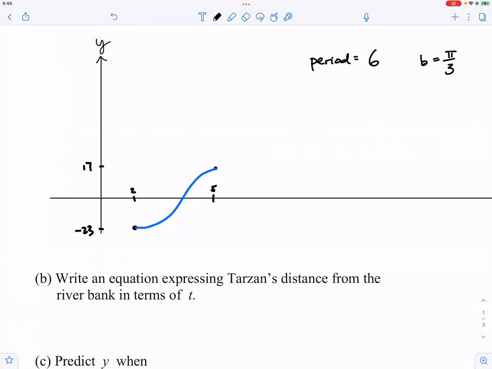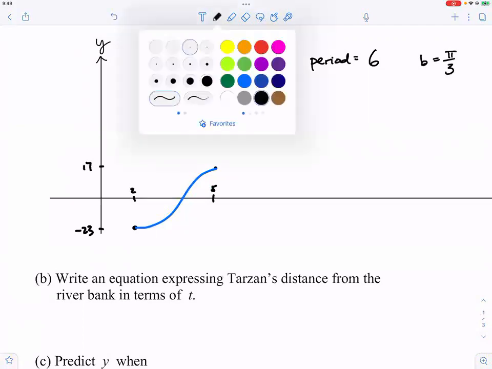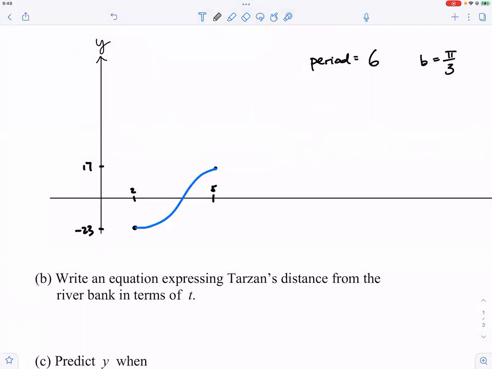Where's the midline? Well, the midline is going to be the midpoint between 17 and -23. Whichever way you use, you can add them up and divide by 2, or you can find the distance and then the total distance. You can find the amplitude and then figure out the midline, one way or the other.